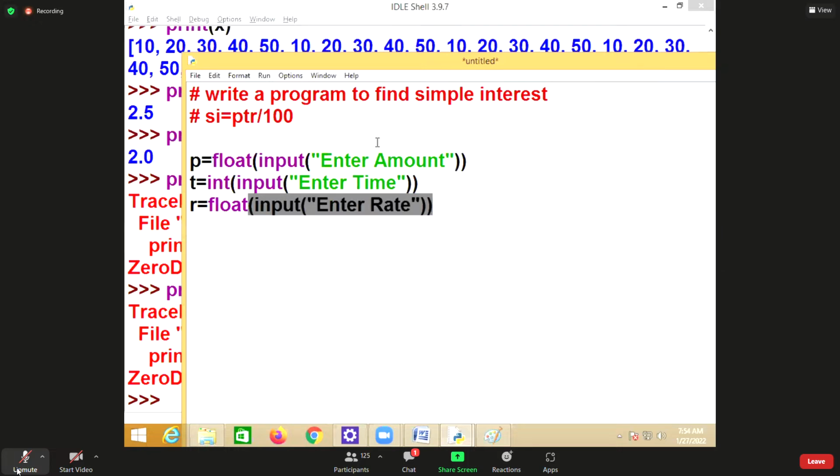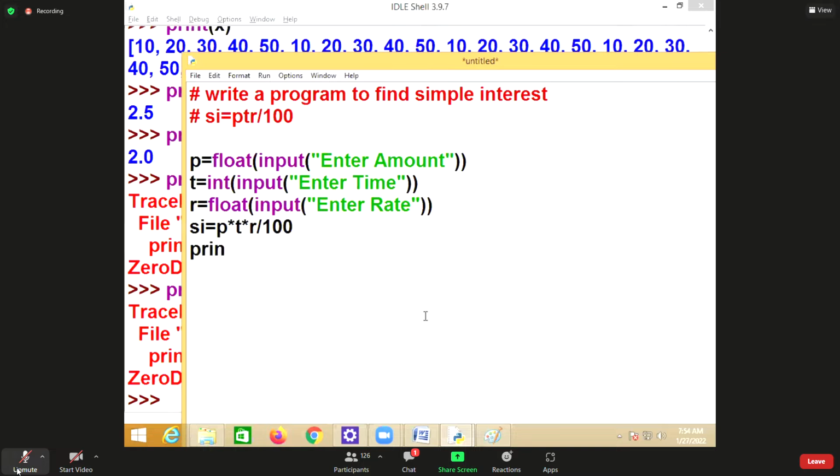Then simple interest equal to P into T into R divided by 100.